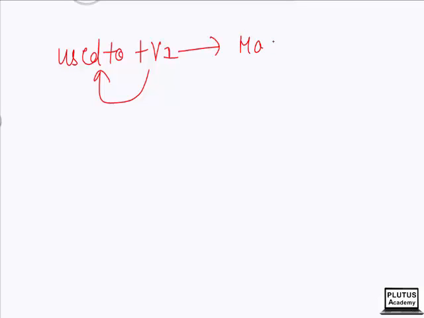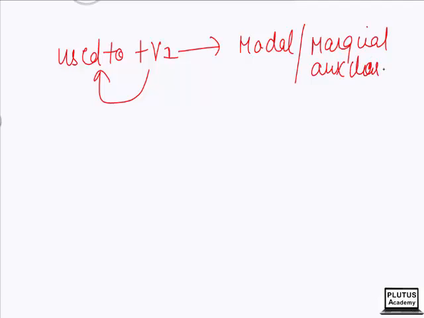But if used to is not preceded by any form of be, then we have to use the first form of verb with used to, and used to will behave as a modal, or you can say a marginal auxiliary verb. So let's have a look at the examples.